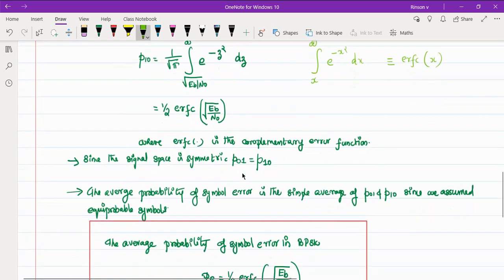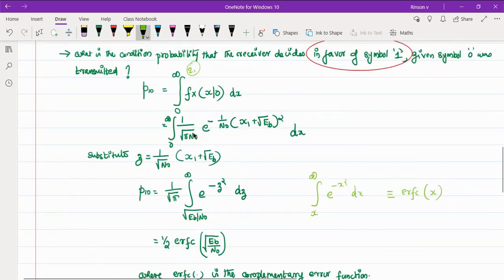Now since the signal space is symmetric, you will have p01 equal to p10. What is p10? I had transmitted symbol 0 but decided in favor of symbol 1.